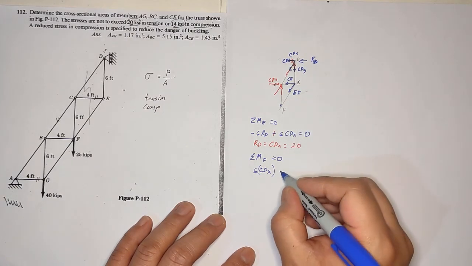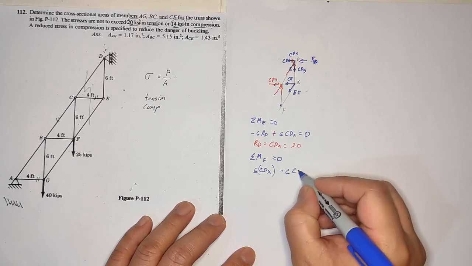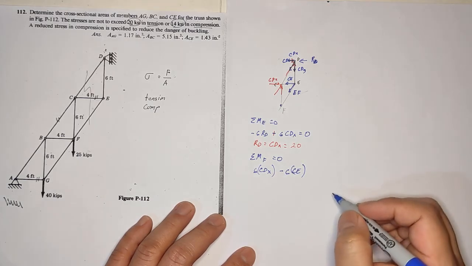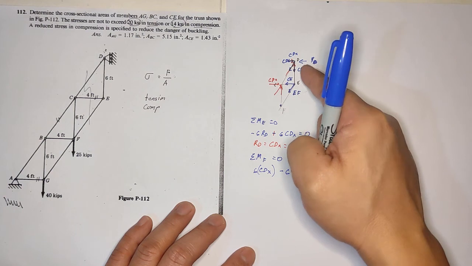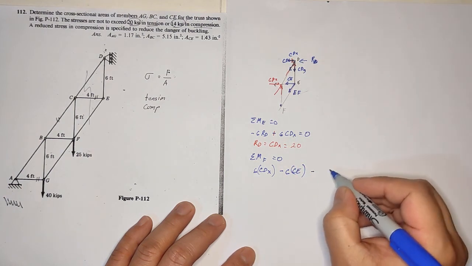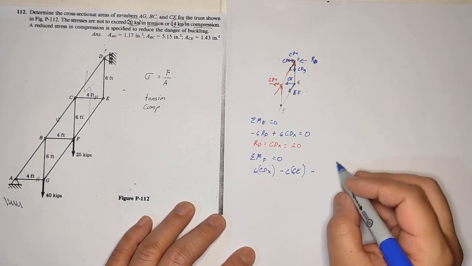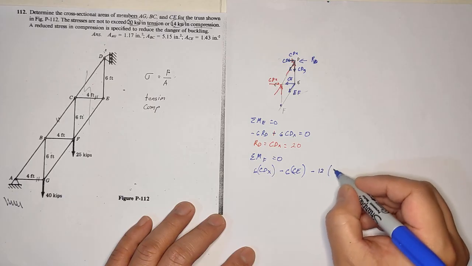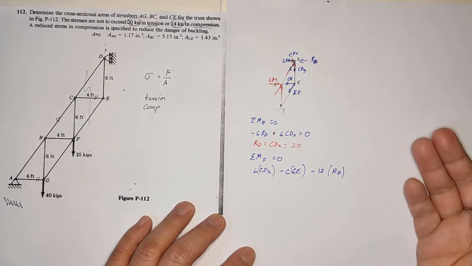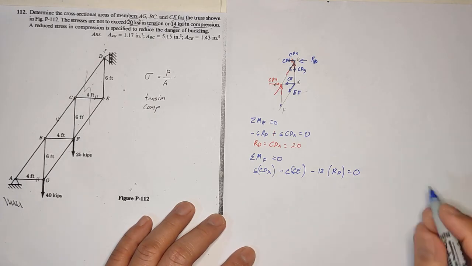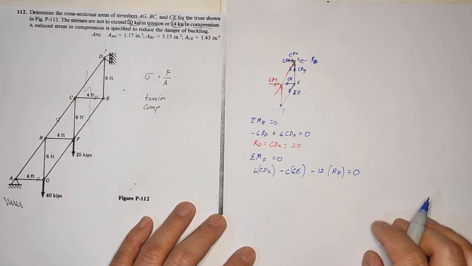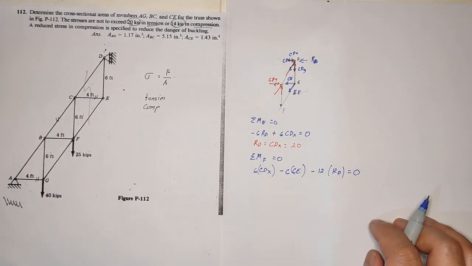Okay, what else? CE. Negative 6 CE. Okay. What else? This one. You have negative, that is 12 RD. What else? Wala na, di ba? Equals 0. Okay? Sige.